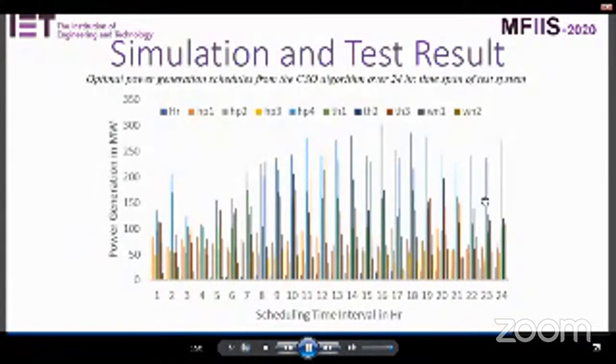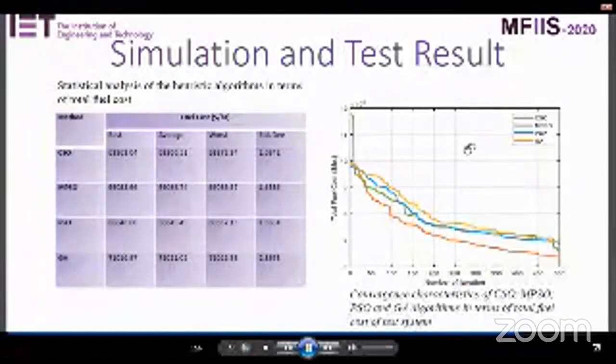And the diagram on the right side represents the convergence characteristics of CSO in comparison with modified PSO, conventional PSO and GA algorithm, and obviously it is evident that it consumes less time if we use the CSO. Whereas the table on the left side represents a statistical analysis of the heuristic algorithm in terms of total fuel cost.